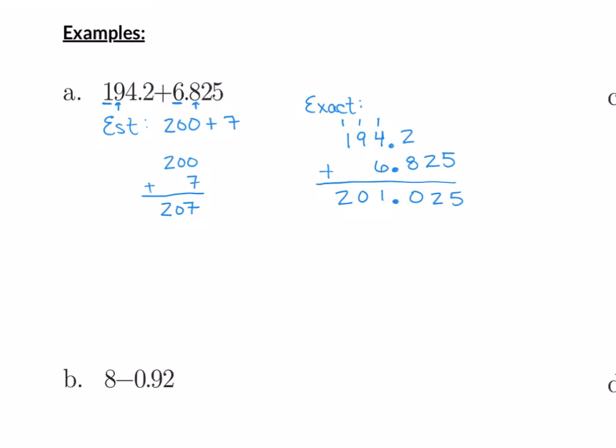All right, let's look at example B. Now I will tell you that the book presents this incorrectly, and so I'm going to show you both methods, but I just want to talk about why it is incorrect. So our estimate. The way the book presents this is they want to round to the nearest whole number.